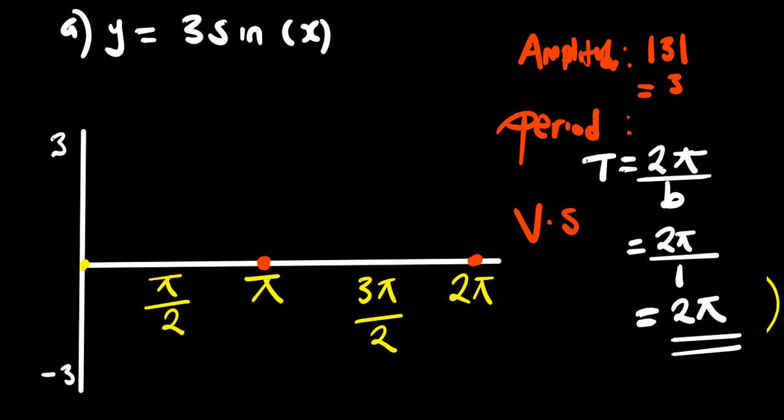It's going to pass through this point, then it's also going to pass through that point. Then our graph therefore is going to be like this. So this is a graph of y equals 3 sine x, and that's how you are going to find it.